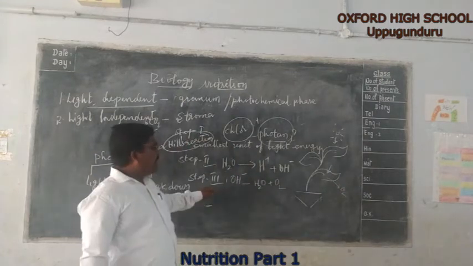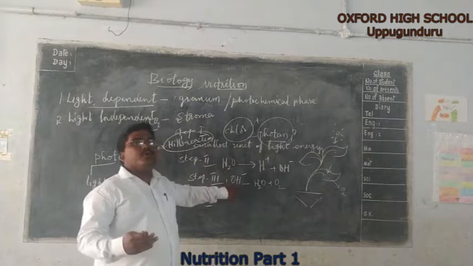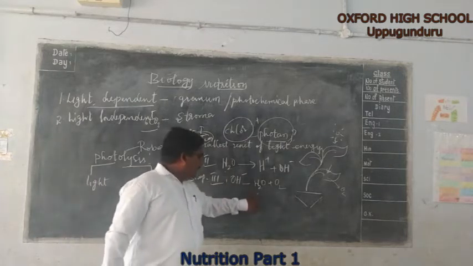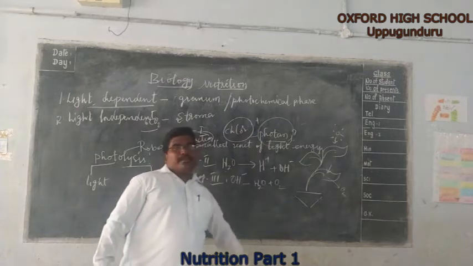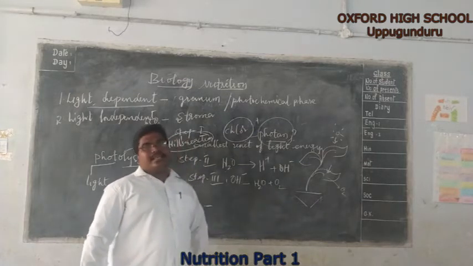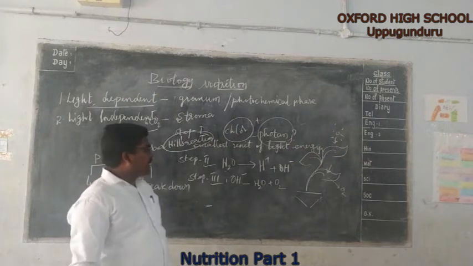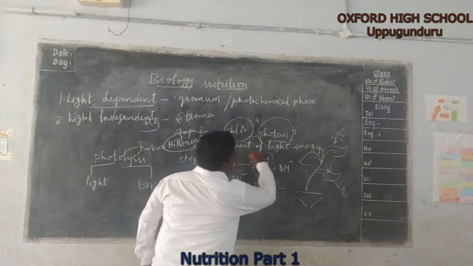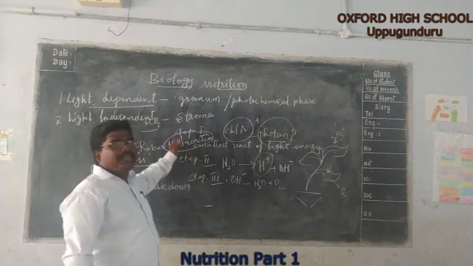In step 3, the highly reactive OH minus ions form water and oxygen. Water is utilized by the plant body and oxygen is released into the atmospheric air. The H plus ions will not undergo any change in the light dependent reaction.